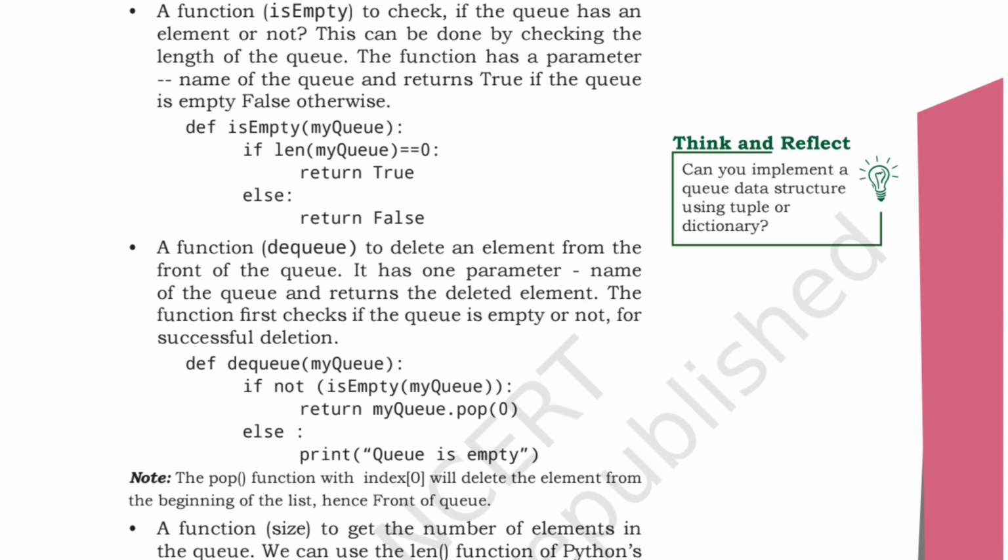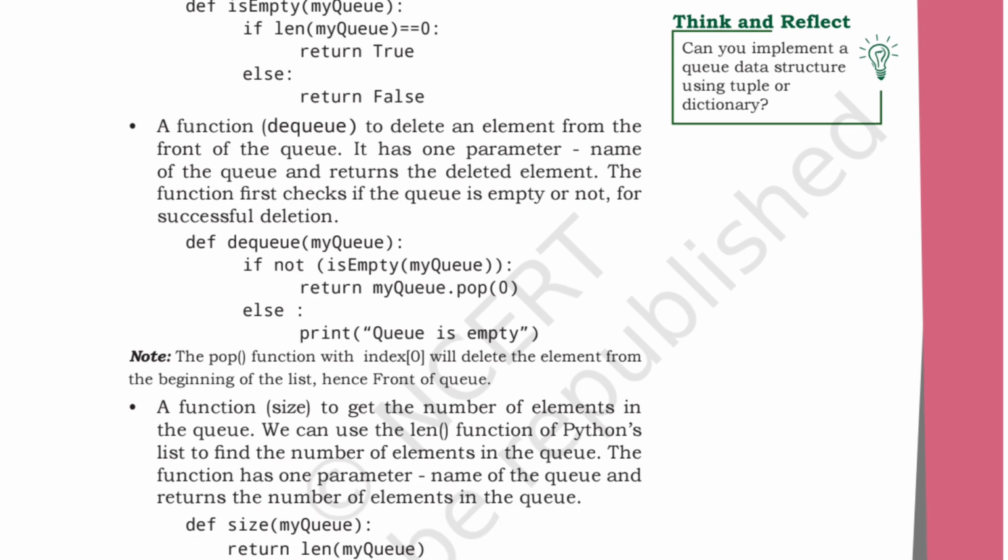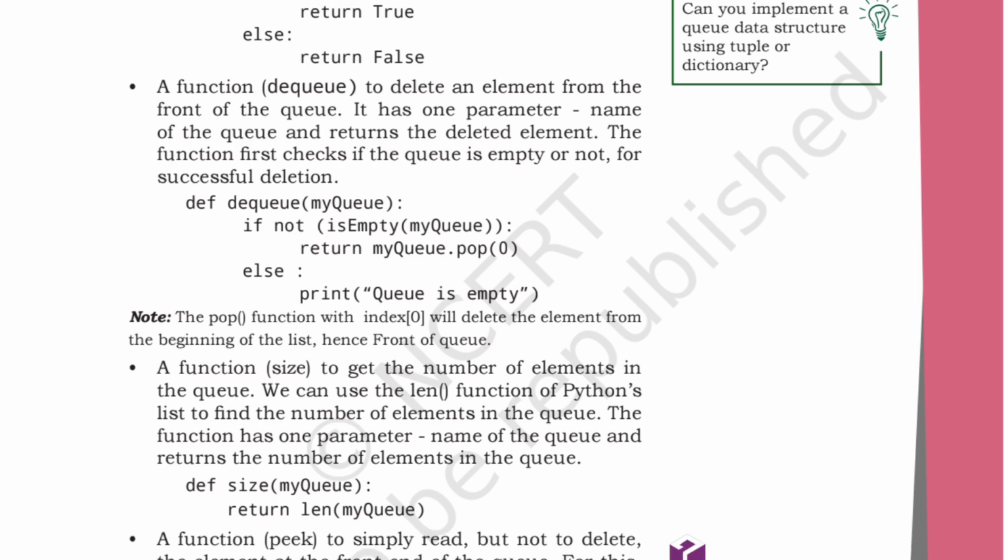So this is your dequeue: def dequeue myQueue, if not isEmpty myQueue, return myQueue.pop(0), else print queue is empty. We are removing the element at the 0th position, and else it will go to queue is empty. Understood? The pop function with index 0 will delete an element from the beginning of the list, hence the front of the queue. That is front only, that is your tail.